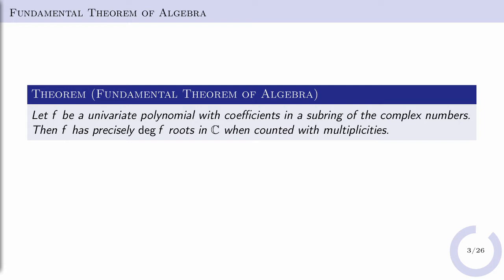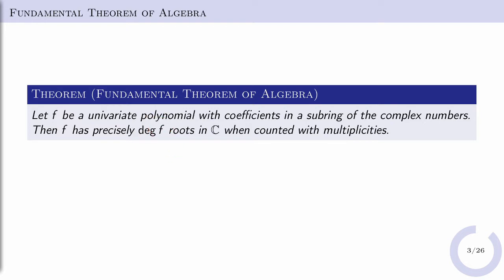It says that if we have a non-zero polynomial with coefficients in the field of complex numbers, then it has precisely deg f roots when we count the roots with multiplicities.